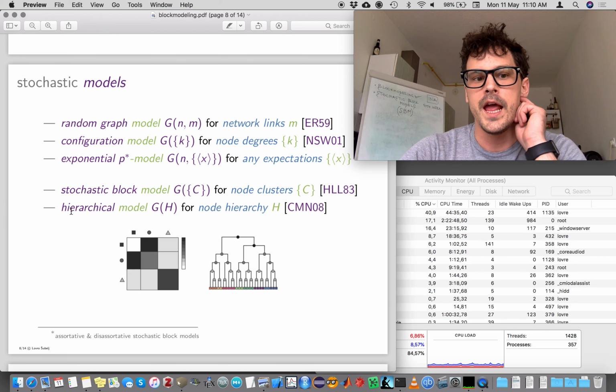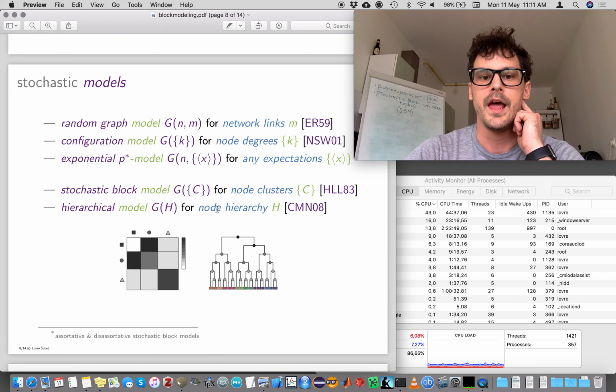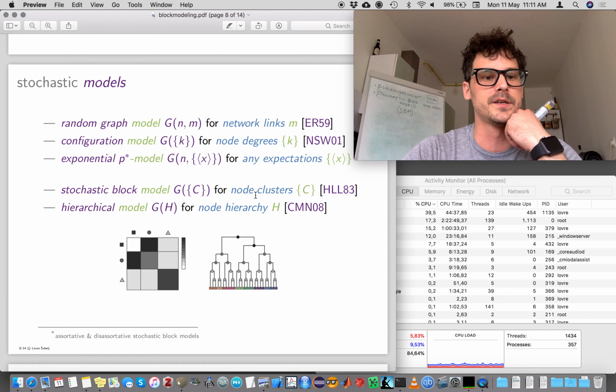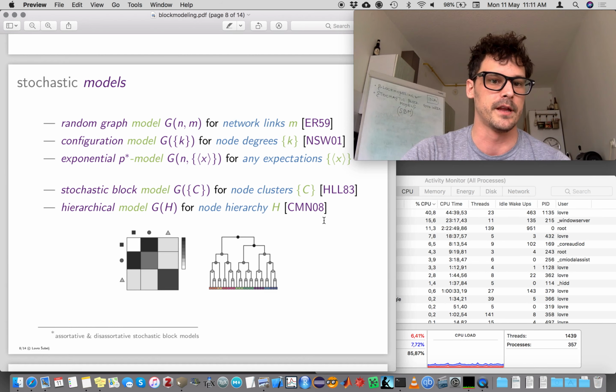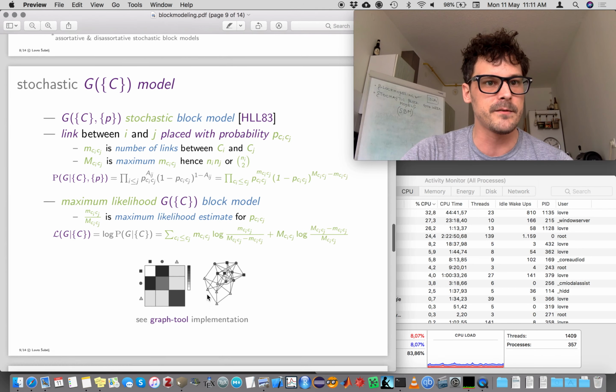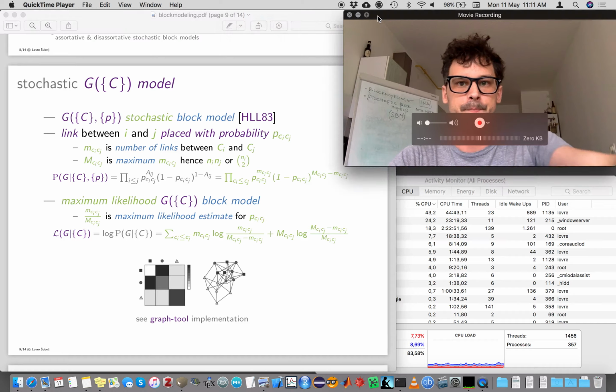Later on, we will also just briefly mention something called the hierarchical model, which is based on the same principles as the stochastic block models, and it was introduced in 2008. So let us first talk about stochastic block models.